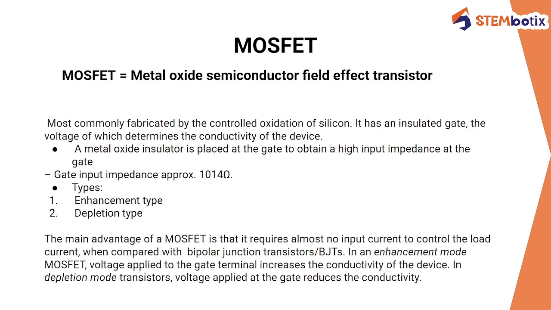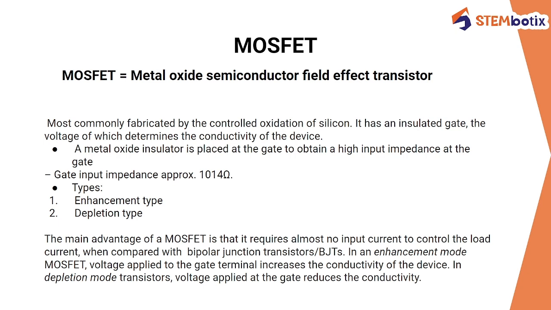The main advantage of MOSFET is that it requires almost no current. These transistors require no input current to control the load current, when compared with BJTs. So at zero input current they are able to control the current at the load side.